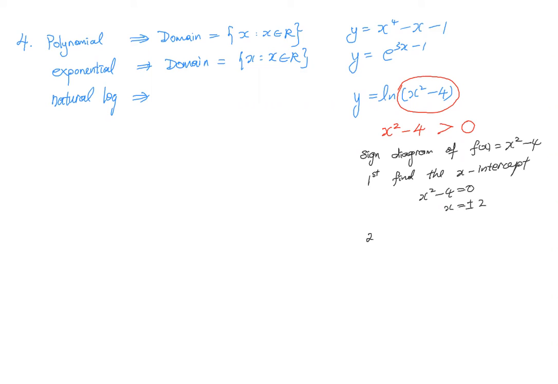Second step, you draw the line. Third step, you mark the x-intercept. Fourth step, you determine the sign.